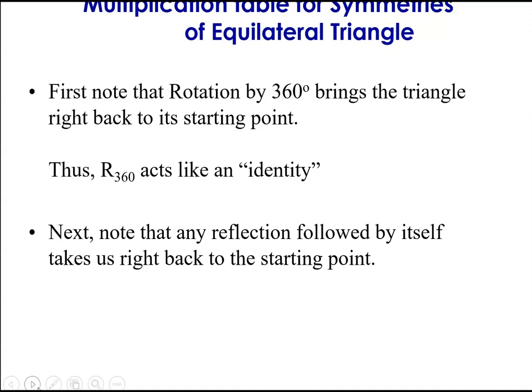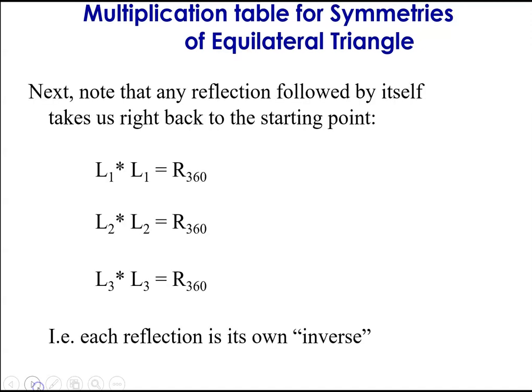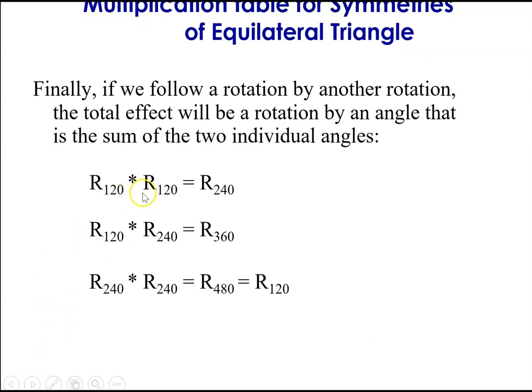And then the reflection followed by itself takes it right back to the starting point. So again, here are some more of these multiplications. If you do an L1 and L1, it's really just a rotation of 360. Same idea here. So a reflection is its own inverse. And you can see what it's doing with these. 2 rotations of 120 gives you just a rotation of 240.